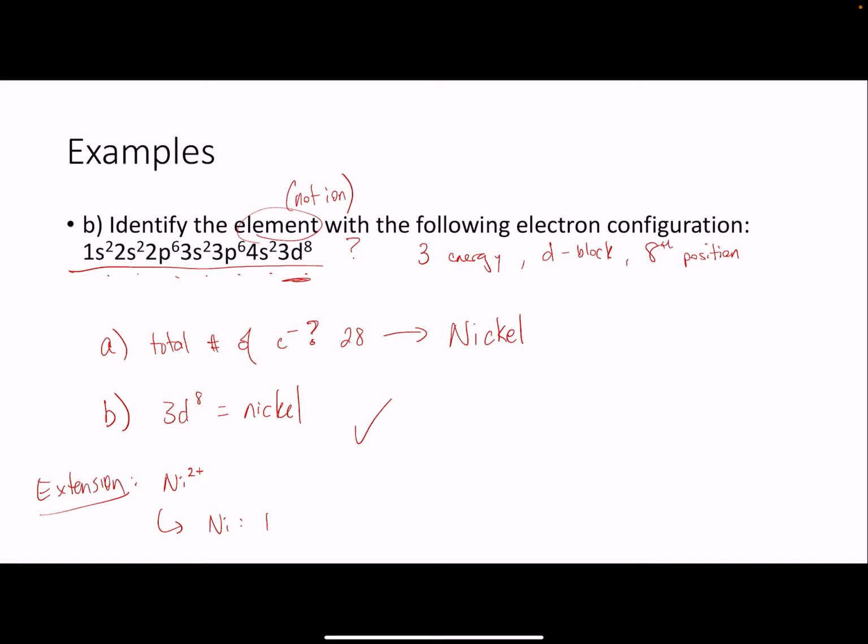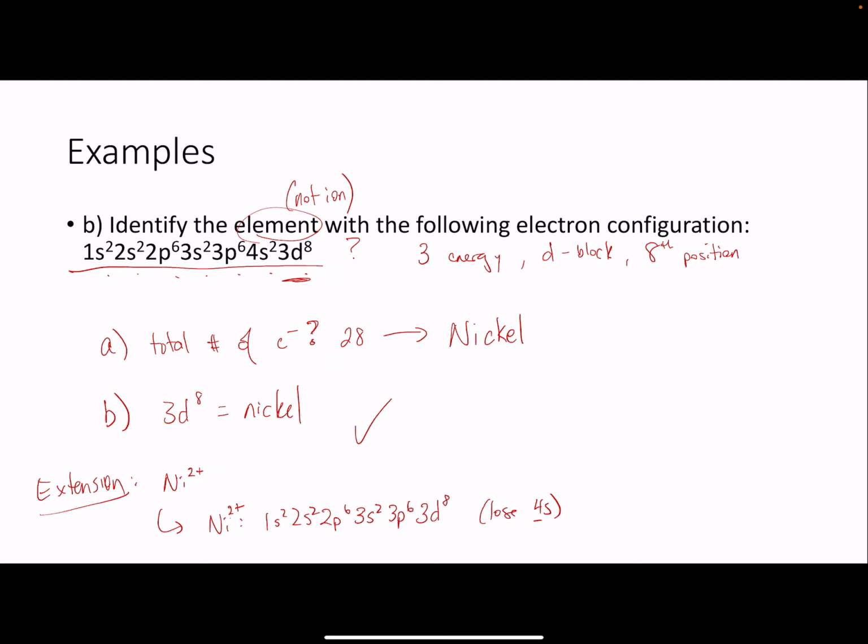Nickel is going to be 1s2, 2s2, 2p6, 3s2, 3p6. We're doing this for the ion. You should have removed the 4s electrons because those are the farthest. They're valence. They're not highest energy, but they're the farthest from the nucleus, and they get taken first.